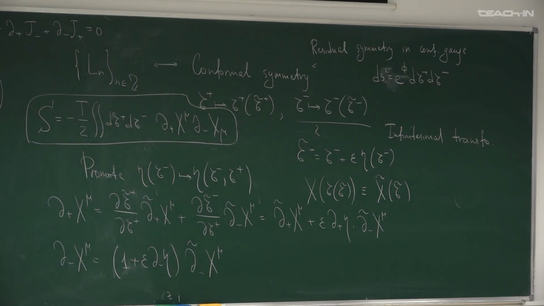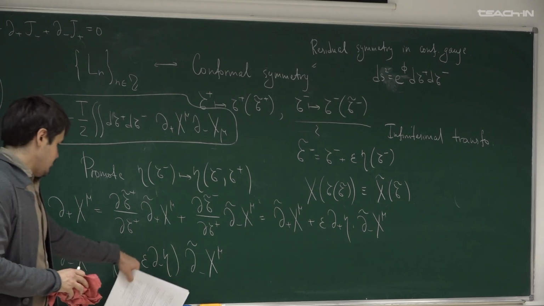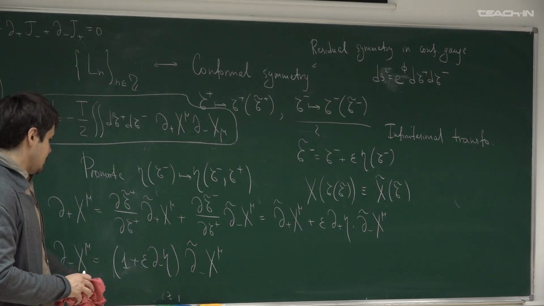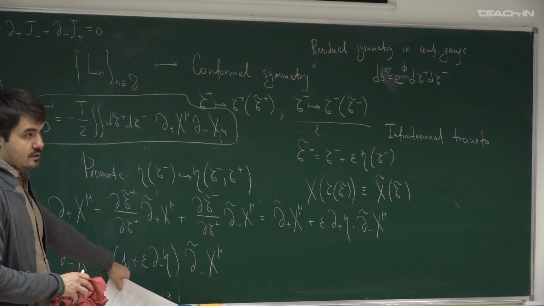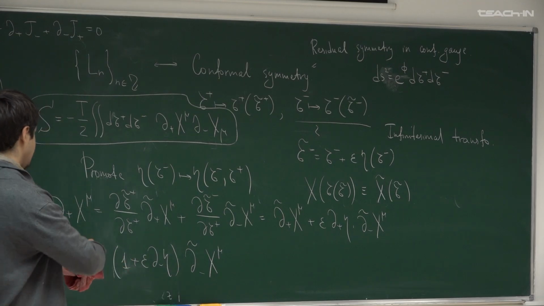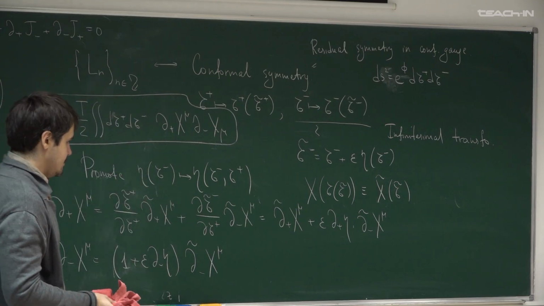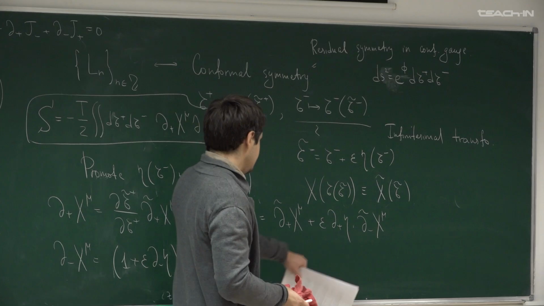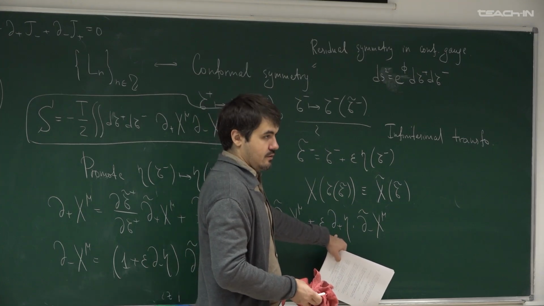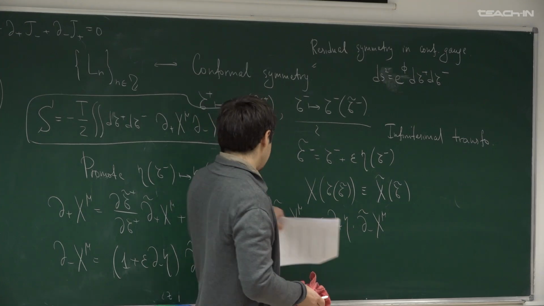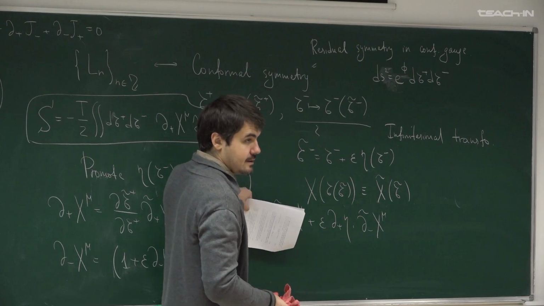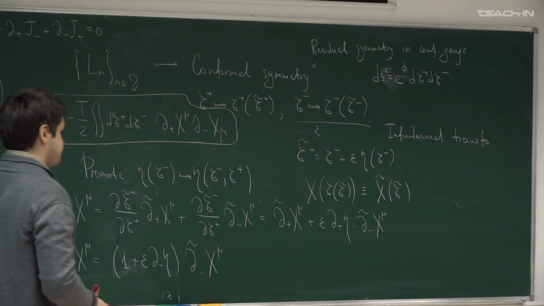So this is just a matter of doing the change of variables. This guy is just a Jacobian coming from the conformal transformation, basically. This will cancel against the Jacobian coming from the measure, right? But the things that we are interested in are precisely these kind of terms, which have the derivative with respect to the other variable that we've added here, right?